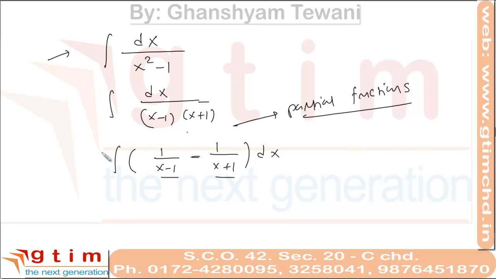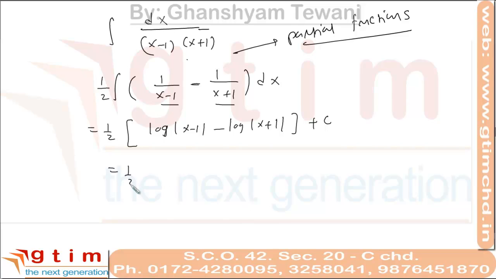So for balancing, we divide by 2 here. Now integration of this is log of x minus 1 and integration of this is log of x plus 1. Further you can simplify this to log of x minus 1 upon x plus 1 plus c.